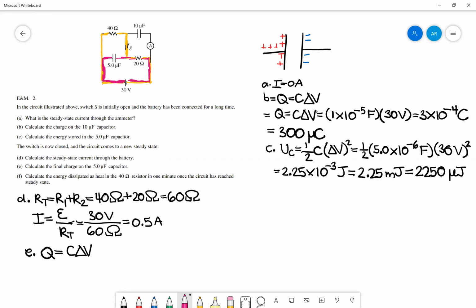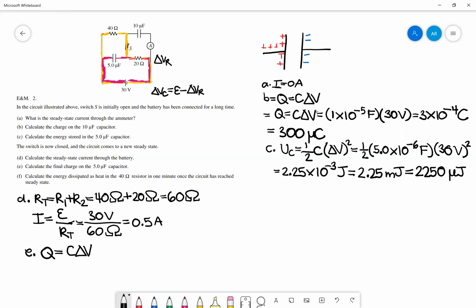Now, what is the voltage across the 20 ohm resistor? Because if we know the voltage across the 20 ohm resistor, then by Kirchhoff's loop rule, the voltage across the capacitor has to be equal to the battery voltage minus the voltage across the resistor.